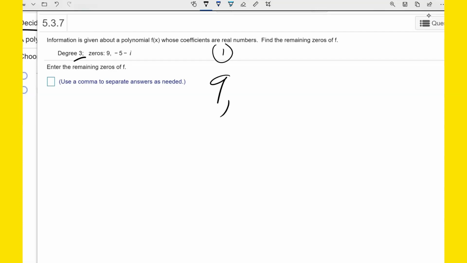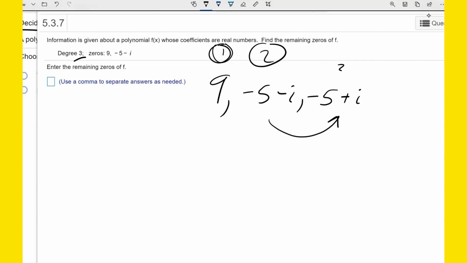That's number 1. Another one of my zeros is -5 minus i. That's number 2. So I have to have one more, and it just so happens that -5 minus i is one of my zeros. So that means my other zero has to be the conjugate of that, -5 plus i. That's number 3. So that's the answer to this problem.